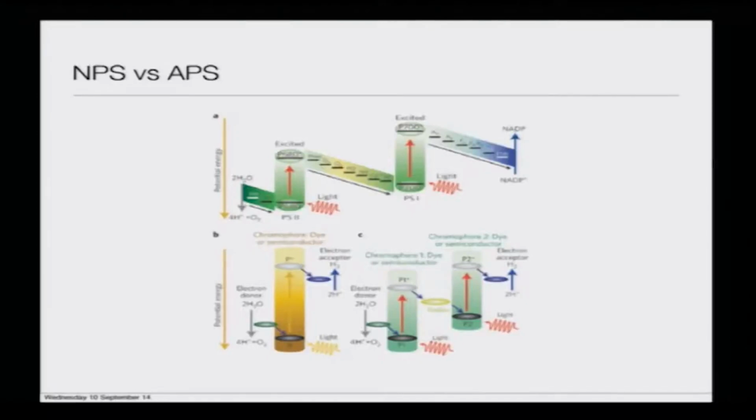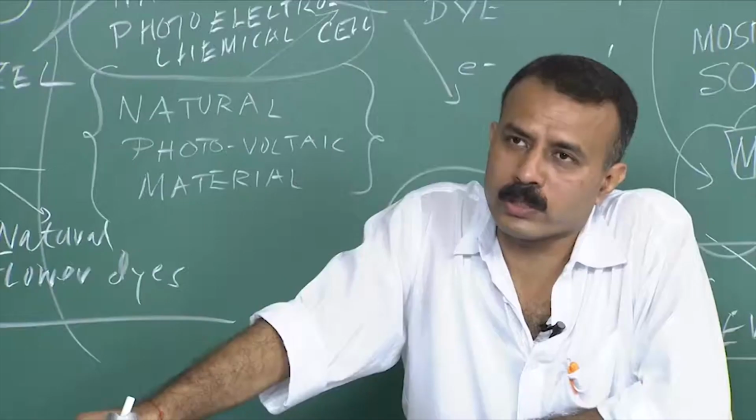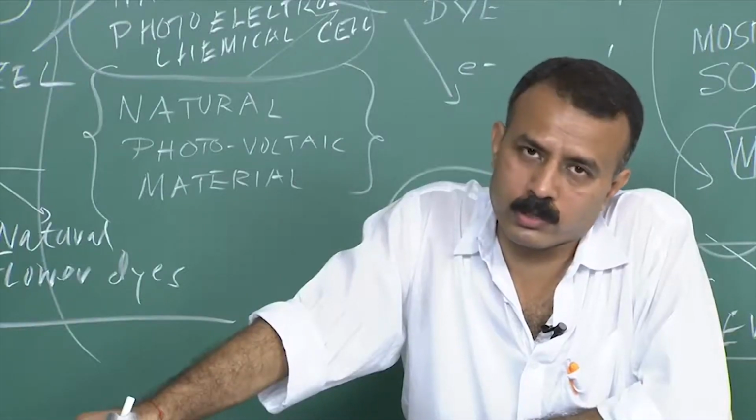Now, the P680 electron gets excited, and that electron moves through pheophytin, QA, QB, plastoquinone, iron sulfur, cytochrome BF, and plastocyanin. It is hopping down, down, down. If you look at it in the Z scheme of things, it moves to P700, where there is already another chlorophyll molecule which has oxidized.